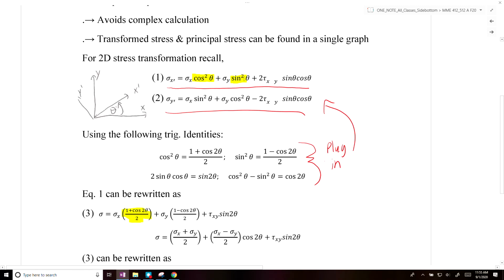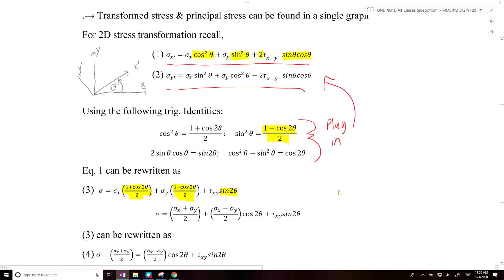For sine squared theta, we can plug in (1 minus cosine of 2 theta) over 2. And for 2 sine theta cosine theta, we can plug in sine of 2 theta. If we distribute out all of our normal stresses, we end up getting the final equation here.